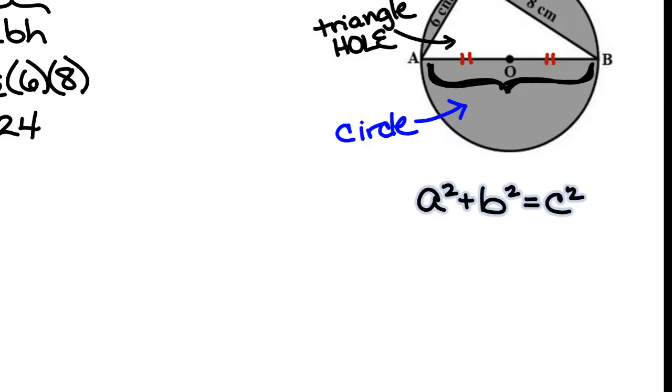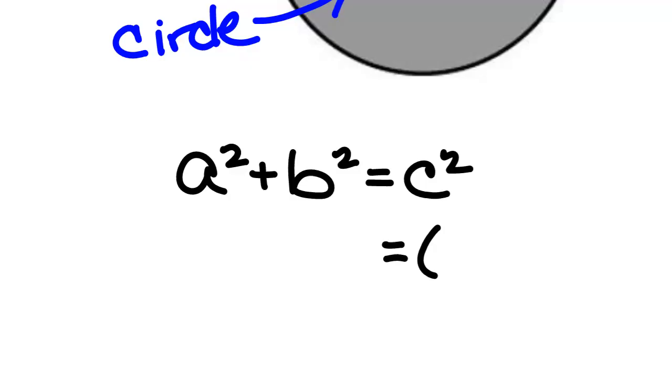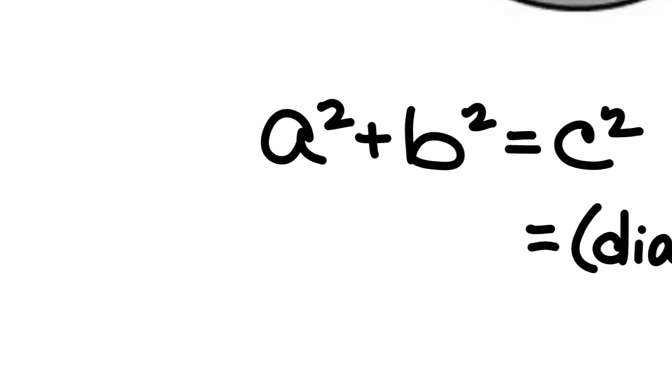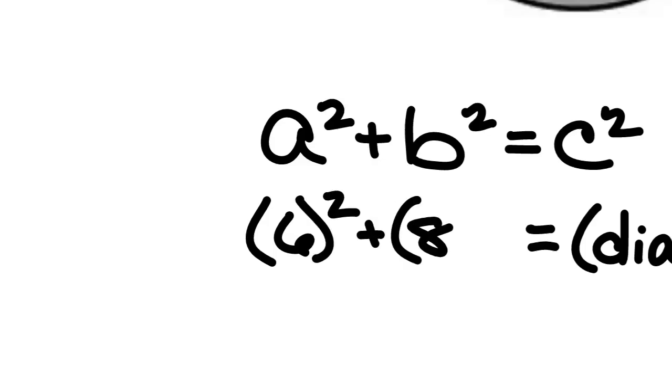Hypotenuse. Do we know the hypotenuse of this right triangle? No, that is the diameter. So I'm actually going to replace c with diameter. So I have a squared plus b squared equals diameter squared. So what goes in for a and for b? 6 and 8. So I have 6 squared plus 8 squared.